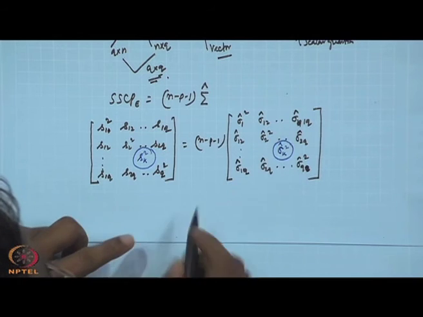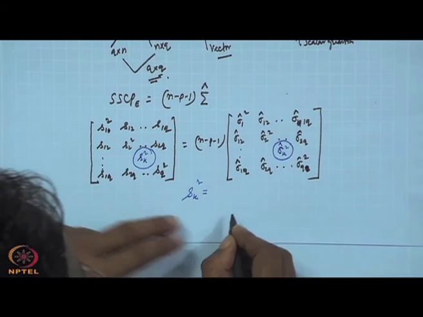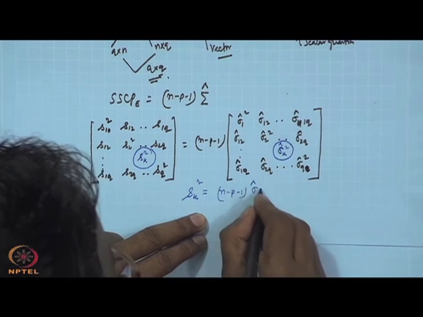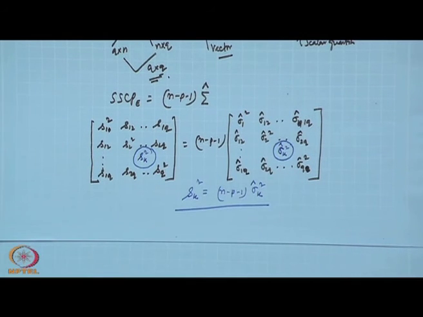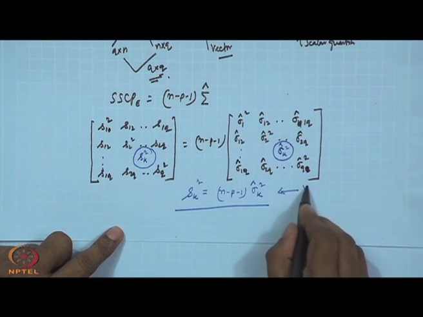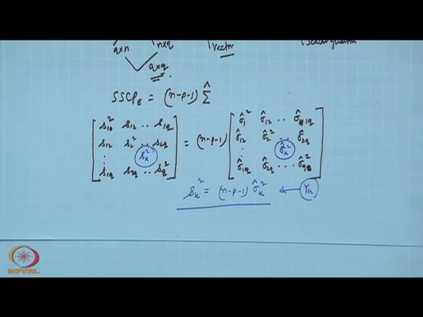Then what is the relationship? The relationship is s k square equal to n minus p minus 1 times sigma cap k square. So when we say k, we are talking about the variable yk. You are going back to your multiple regression case.